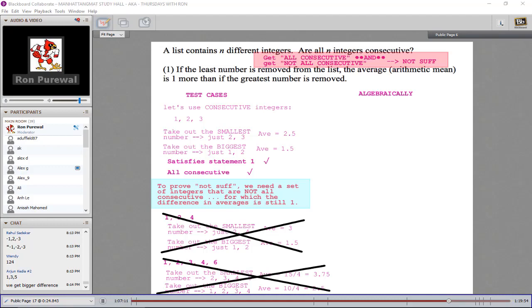You should become convinced pretty quickly that you can't satisfy statement 1 with anything but consecutive integers. So that means that statement 1 is sufficient. Any questions about that?